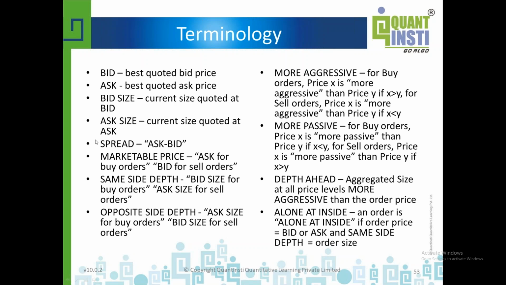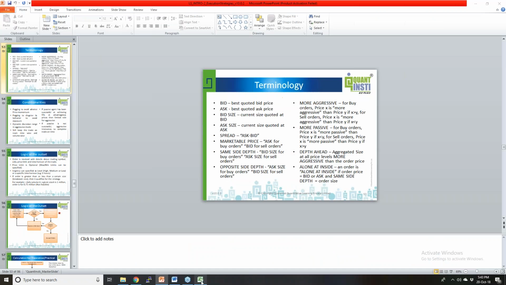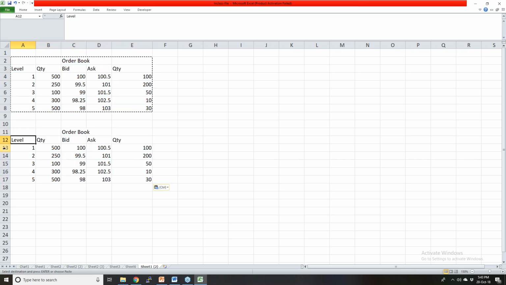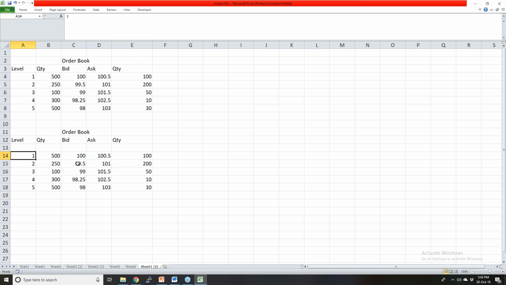Alone at inside. Say this is the order book, and you fire an order of 200 quantity at 100.1, and there's an ask there.